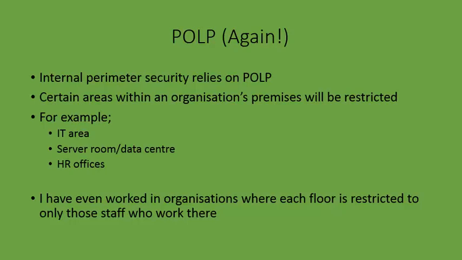HR offices generally have restricted access as well, because the nature of their work usually involves confidential information. I personally have worked in organisations where each floor of an office is restricted only to the people that work on that floor, plus the communal areas.